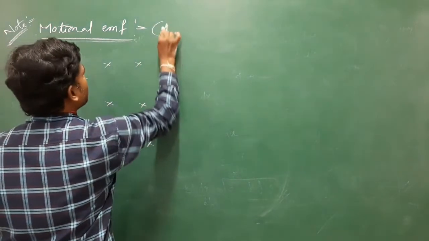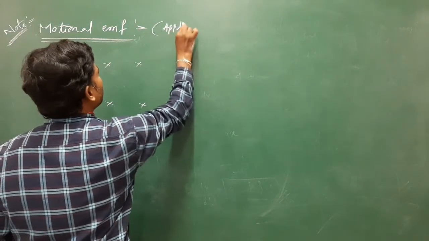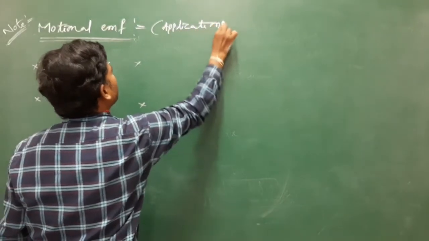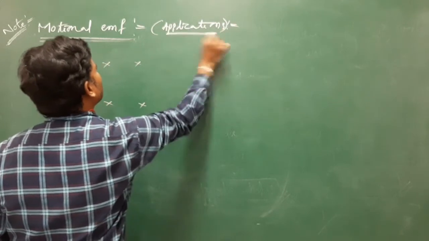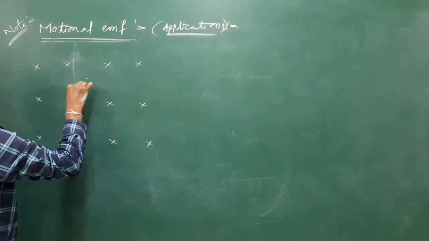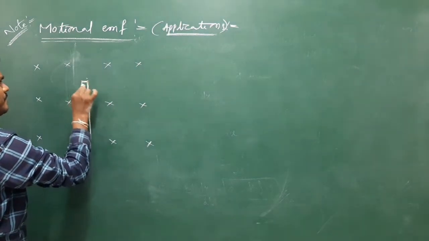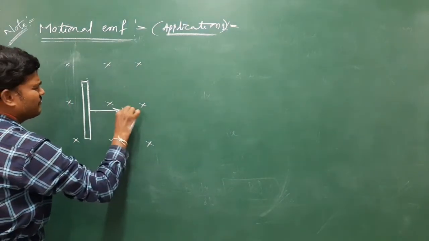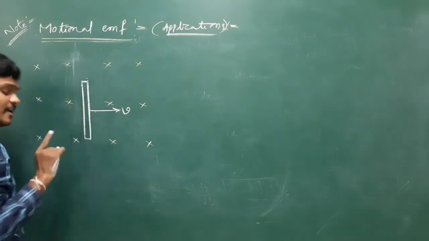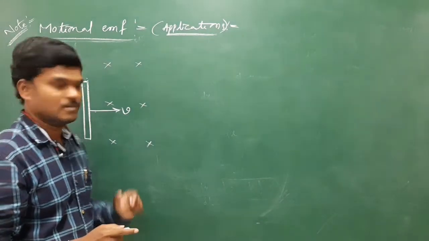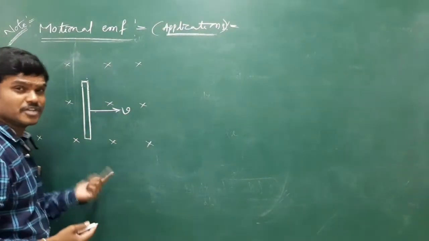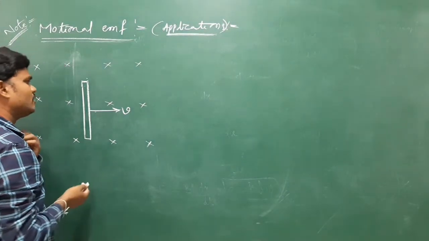The rod moves with a speed v. See, this is a conducting rod. Of course, this is a conducting rod, then only the induced current will flow.